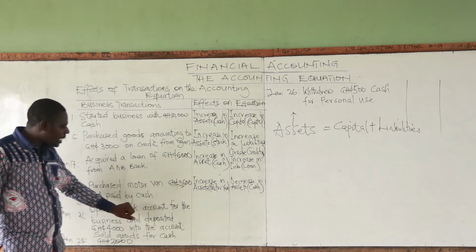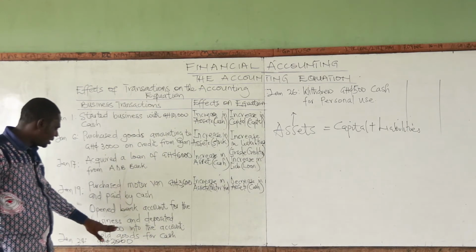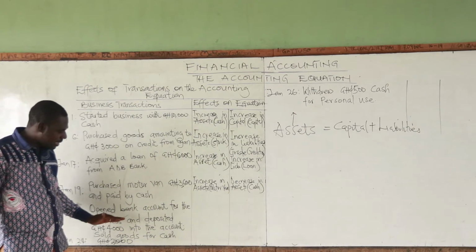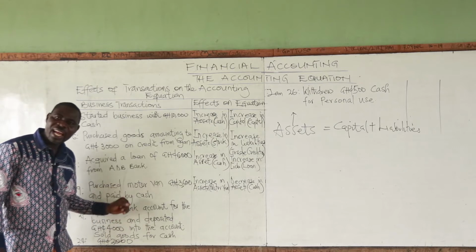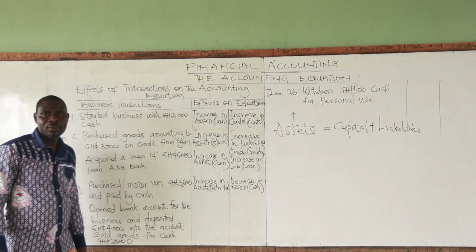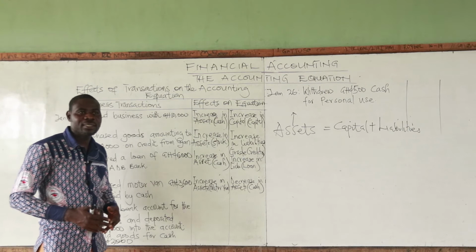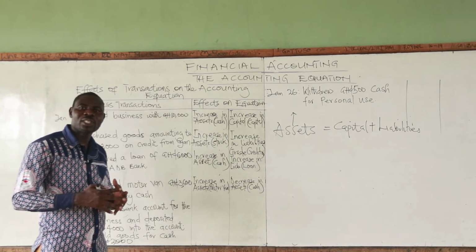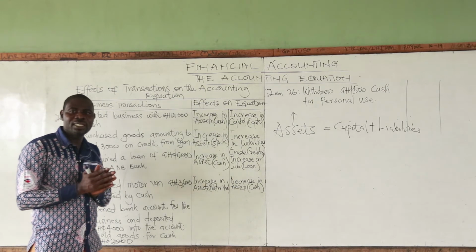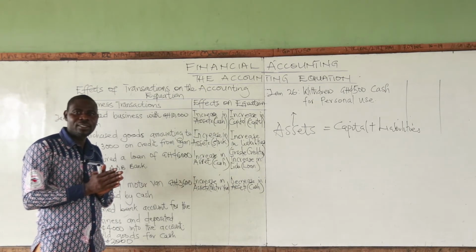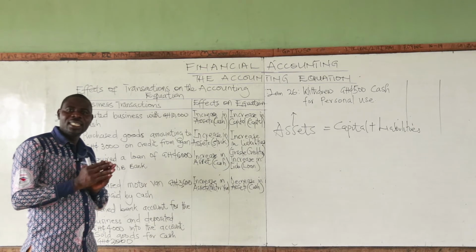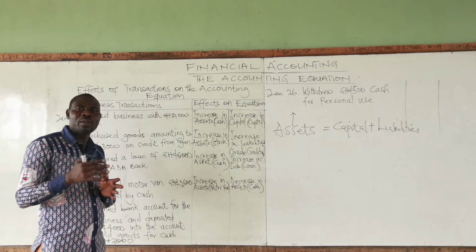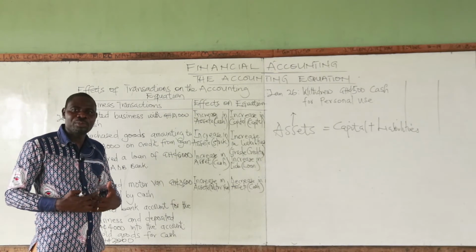Opened a bank account for the business and deposited 4,000 Ghana cedis into the account. Now, the business has gotten a bank account and we have deposited 4,000 Ghana cedis into it. The money we are sending to the bank belongs to the business.